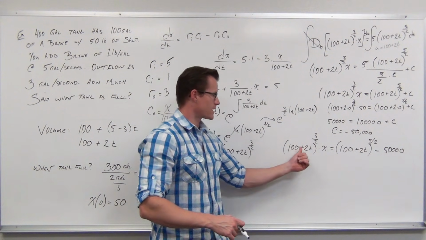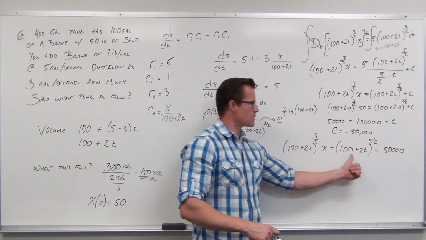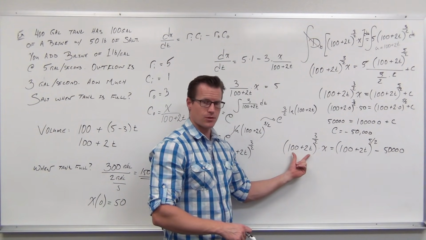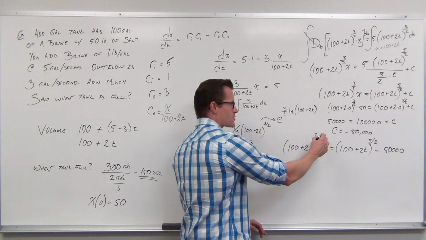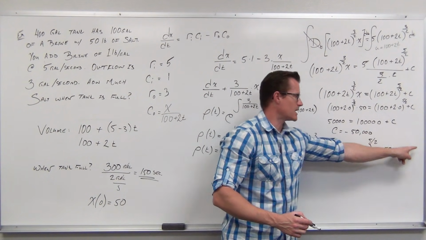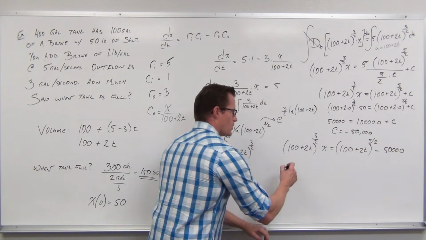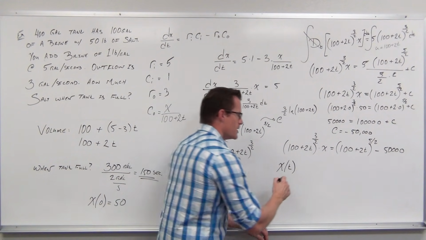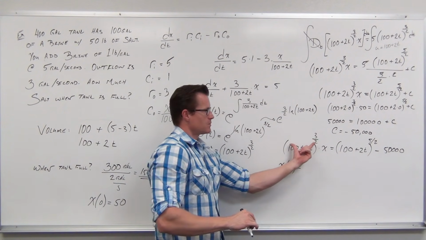So when we solve for x, let's multiply every single term by 100 plus 2t to the negative 3/2 power. Negative 3/2 power is going to kill this off. It's going to subtract 3/2, and you're going to get a negative 3/2 over here. So we have x, the amount of salt after time, is going to equal, this is completely gone.